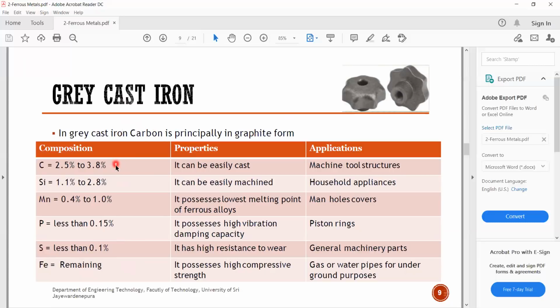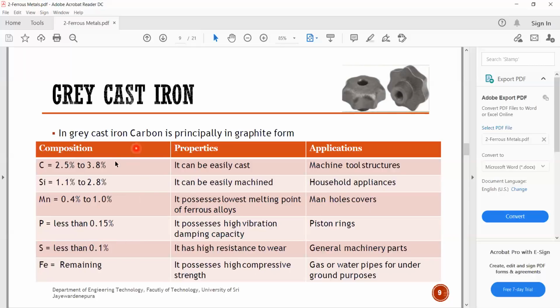Second thing, according to the percentage of carbon, silicon or manganese available, the properties of this grey cast iron vary. Then, since the properties vary, you can apply grey cast iron for different purposes, right? So the main thing is the amount of these materials in the grey cast iron.